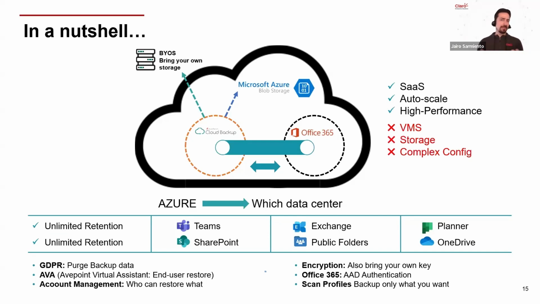And we use Azure Key Vault. Since we work with Microsoft products, we use Azure Key Vault, which enables us to generate a unique key for each one of the customers that we work with. Another benefit is you can actually use your own Azure Key Vault key as well.